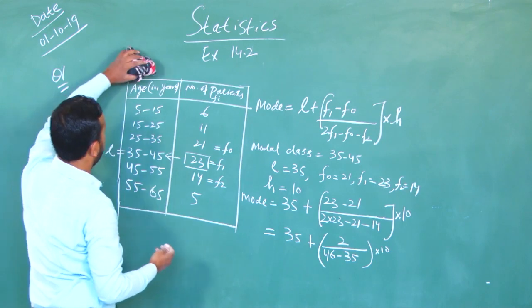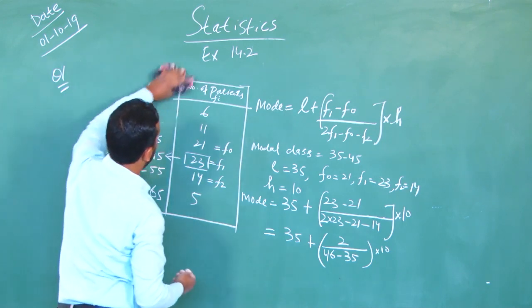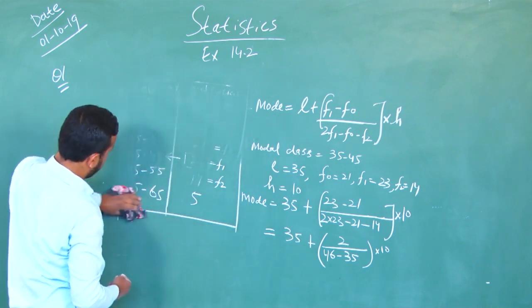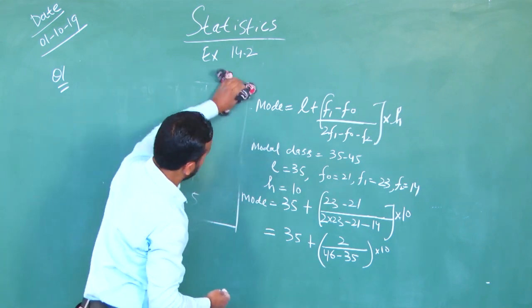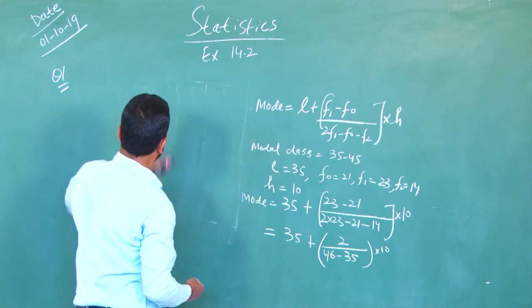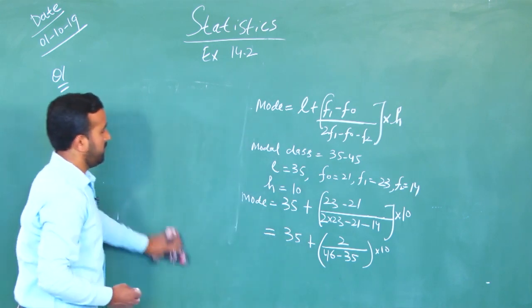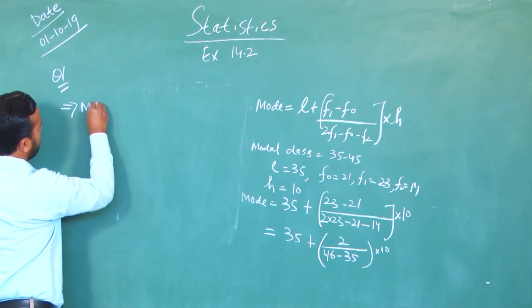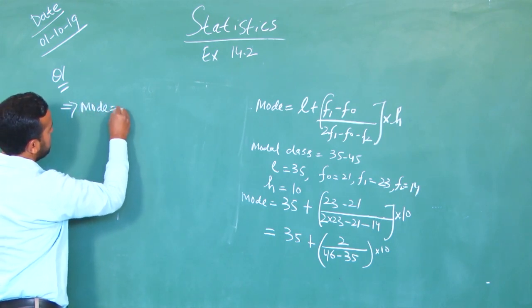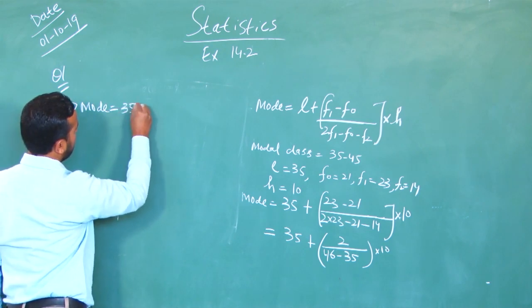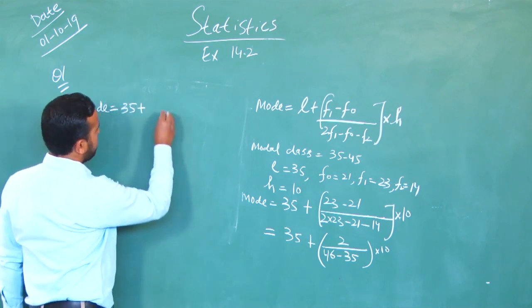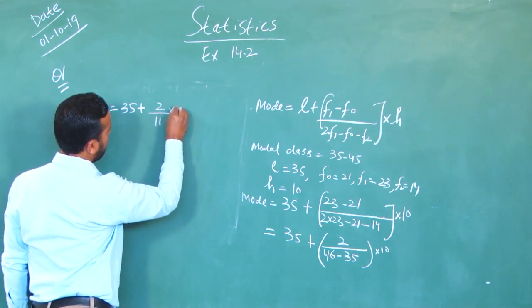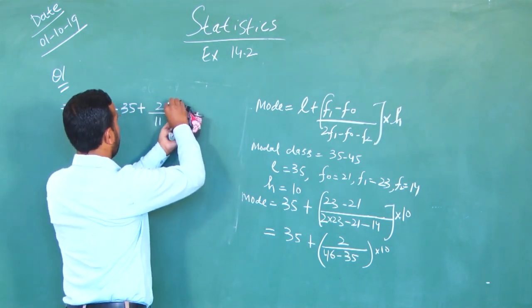Further, this implies the mode of the given data is equal to 35 plus 2 divided by 11 multiplied by 10, or in short 20 divided by 11.